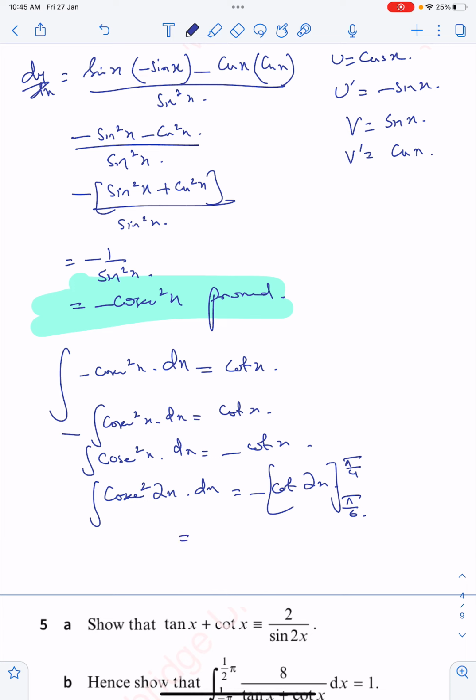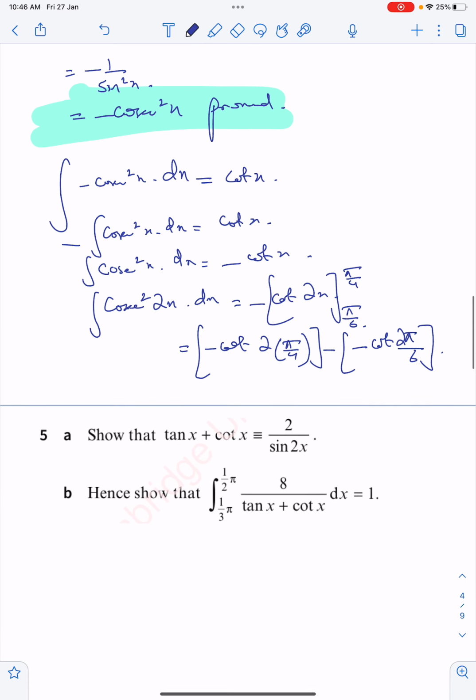Okay, so minus I'm keeping it outside, or I can take a minus inside, there's no problem with that. I can write minus cot of 2 pi by 4, then a minus sign, and then minus cot of 2 pi by 6. Okay, let's solve this.